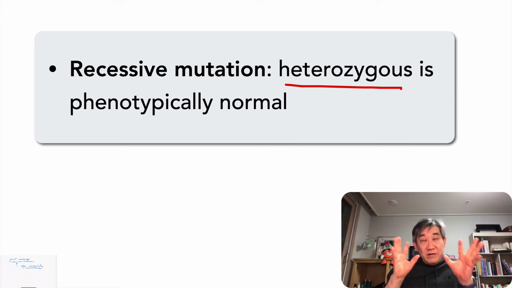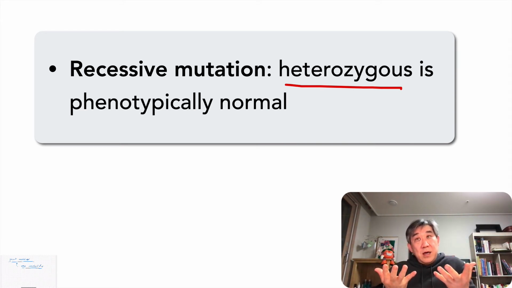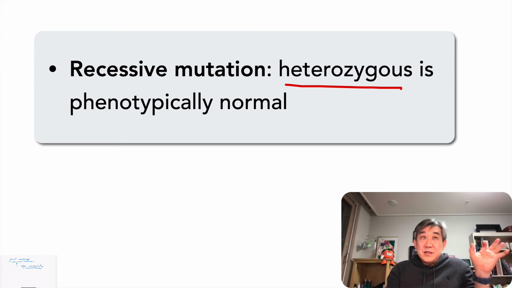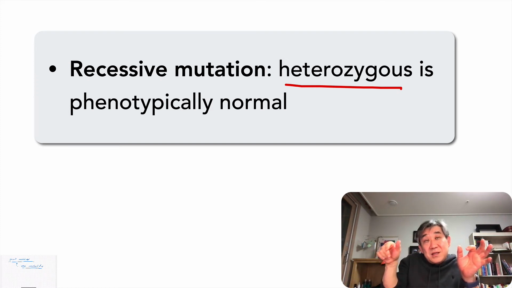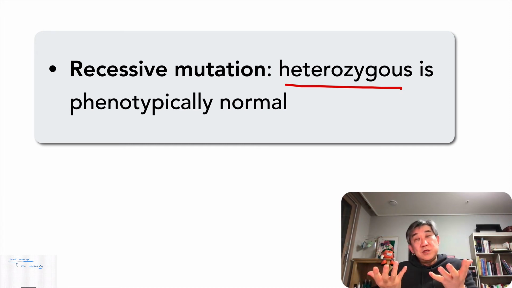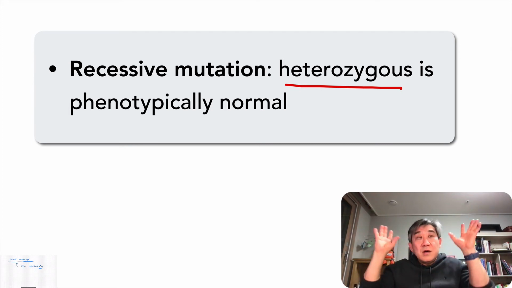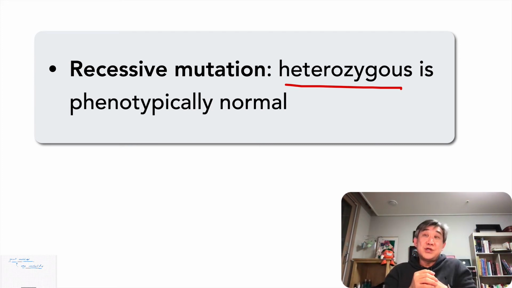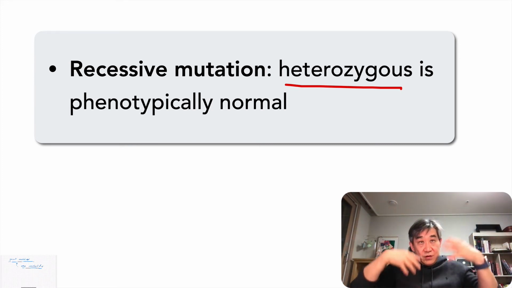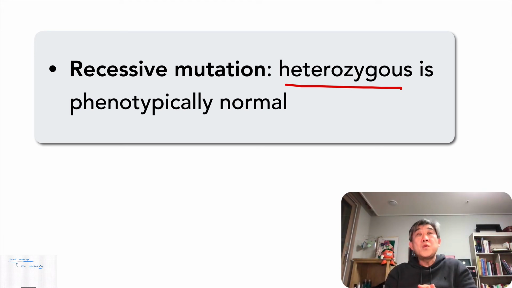So this mutation will result in a recessive trait. In other words, if you have two homologous chromosomes, and one copy of your beta globin gene is affected by this sickle cell anemia mutation, but the other copy on your other homologous chromosome is normal and does not have any such mutation, then phenotypically you are almost perfectly normal, almost.